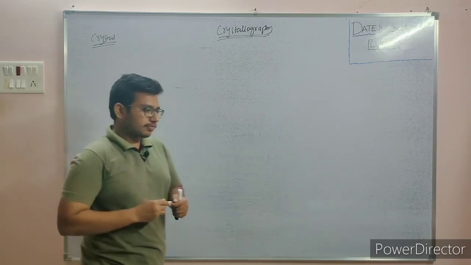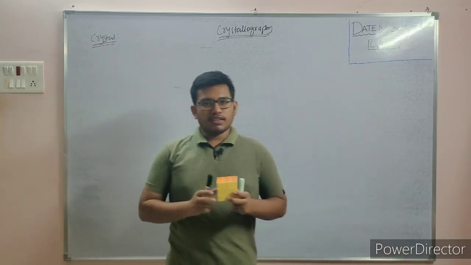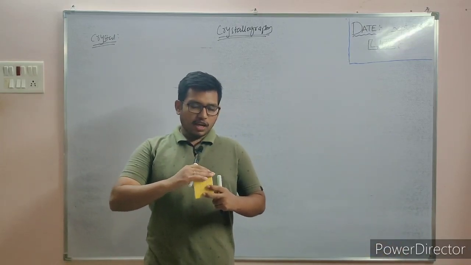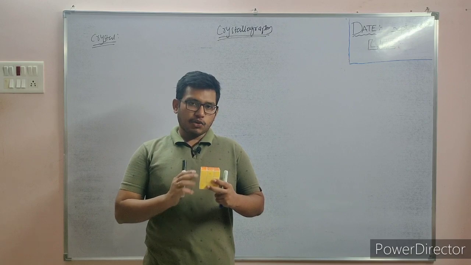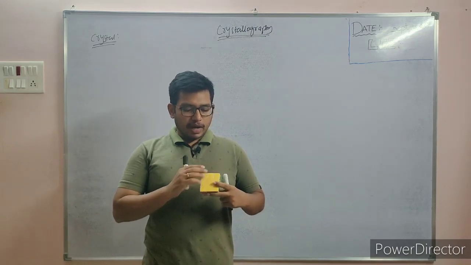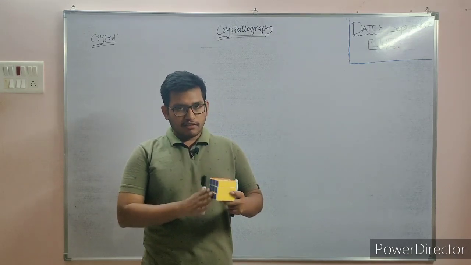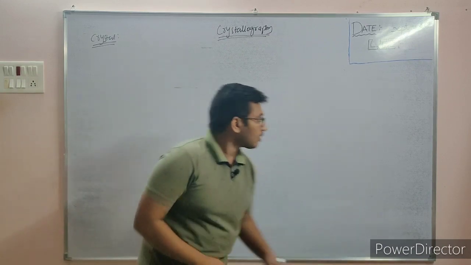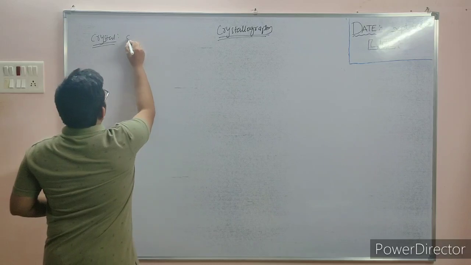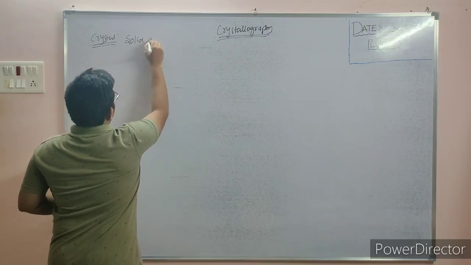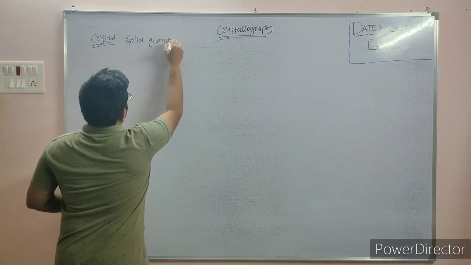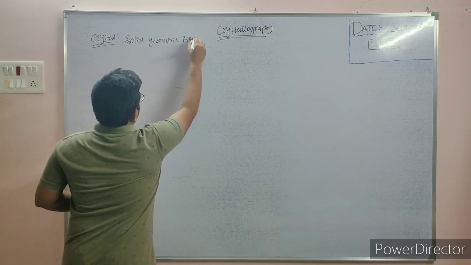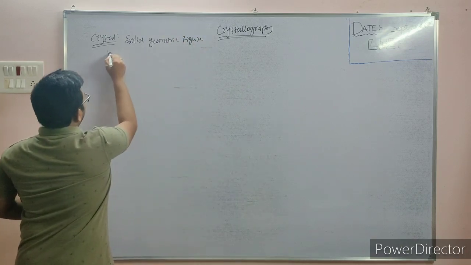For suppose, if I take this, it has a geometric figure like a cube and it is bounded by planar surfaces which we call faces. So it is a crystal.